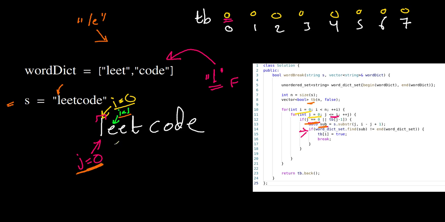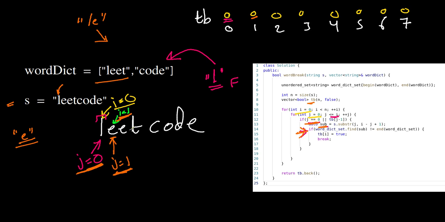Next we check for j equal 1. From j equal 1 to i equal 1, the substring is E, and E does not exist in the dictionary. So again, this condition does not apply. That means for i equal 1 also the answer is false.